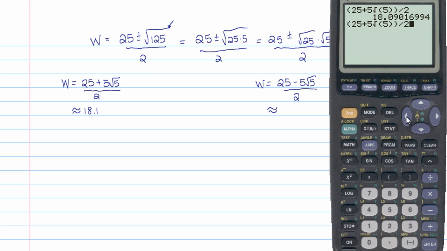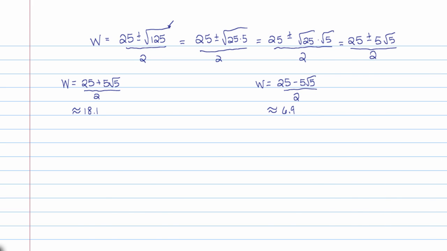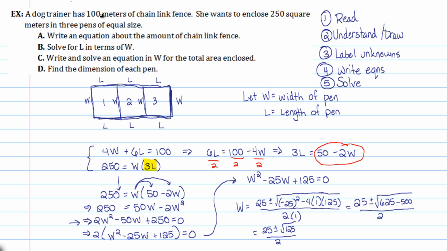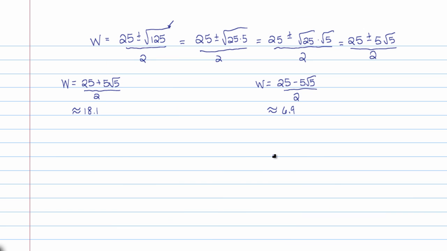And scroll back here, and where my cursor is, I'm just going to hit the minus sign, so it changes it to the minus, and hit enter. 6.9. I'll move this off the screen because I'm interested in knowing the units here. We have meters. Okay, so we're talking about meters of chain link fence. So the width in this case would be meters, and the width over here is also in meters.